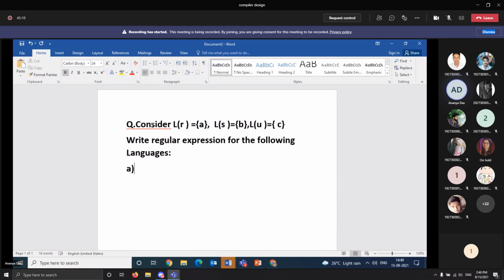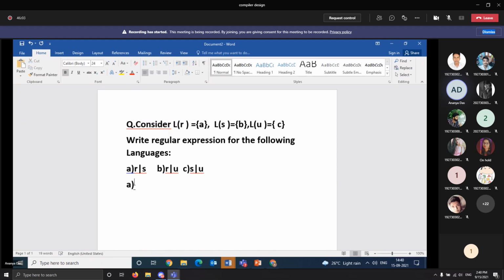You have to write a language for R oblique S, small r oblique S. Next, you have to write R oblique U. Next, suppose it is given S oblique U. If R oblique S is your regular expression, then definitely we will write it instead of LR like this.